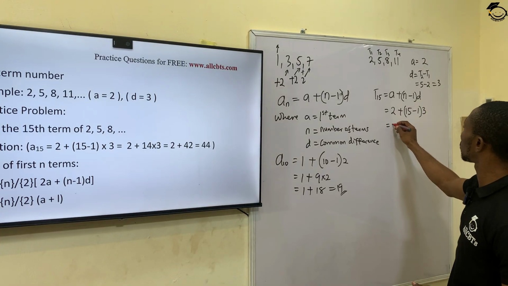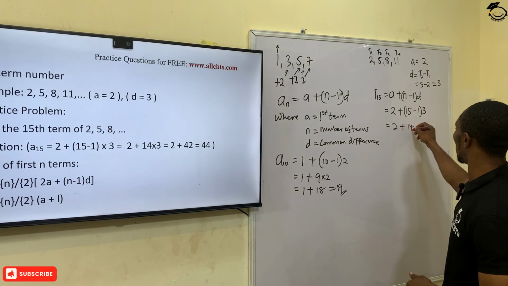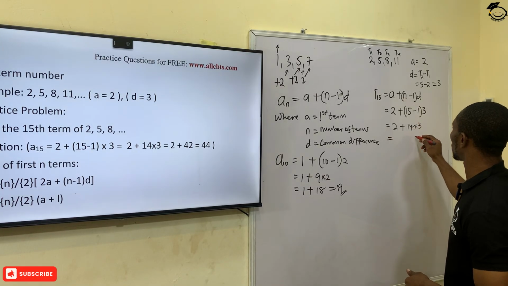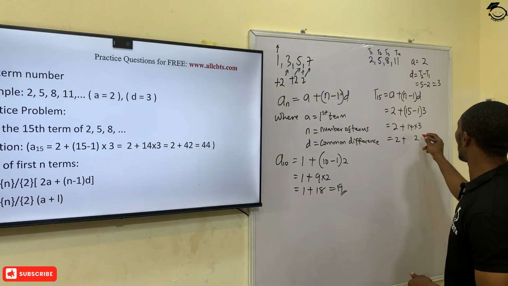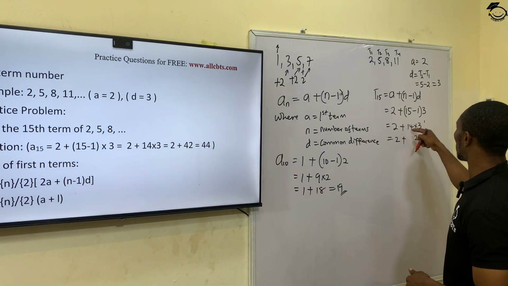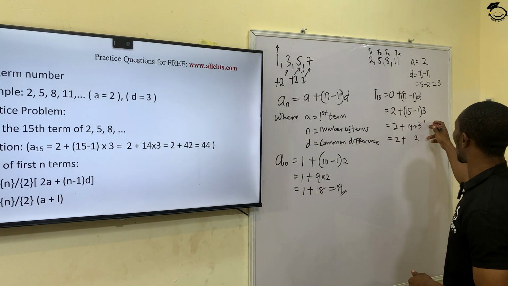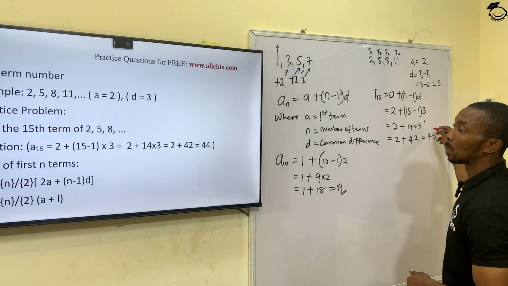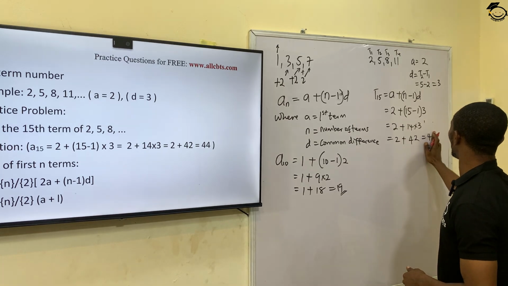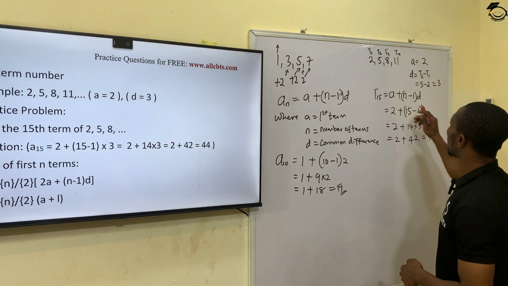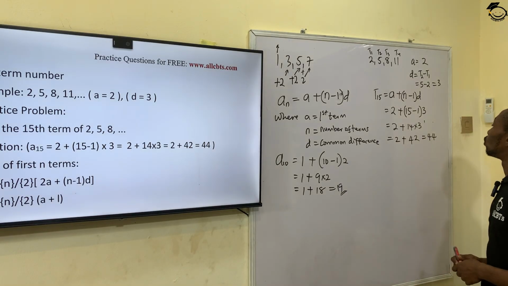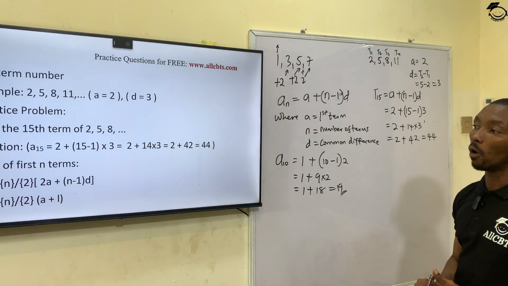So this gives us 2 plus 14 times 3. Now 14 times 3: 4 times 3 gives us 12, write down 2, carry 1; 3 times 1 is 3, plus 1 is 4. So this gives us 42, plus 2 will give us 44. So our 15th term for this sequence will be 44.